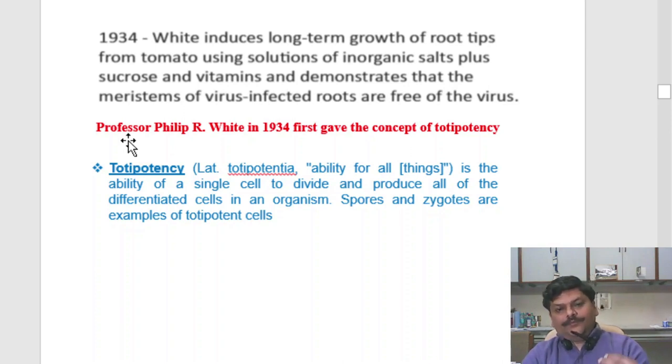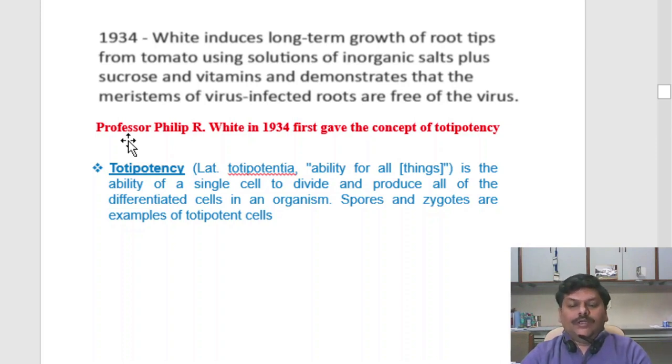In general, taking a plant cell, isolating it, and providing the right nutrition, conditions, and growth hormones, it can be developed into a whole plant or a bunch of whole plants, maybe a few hundred plants. This is called the concept of plant cell totipotency.